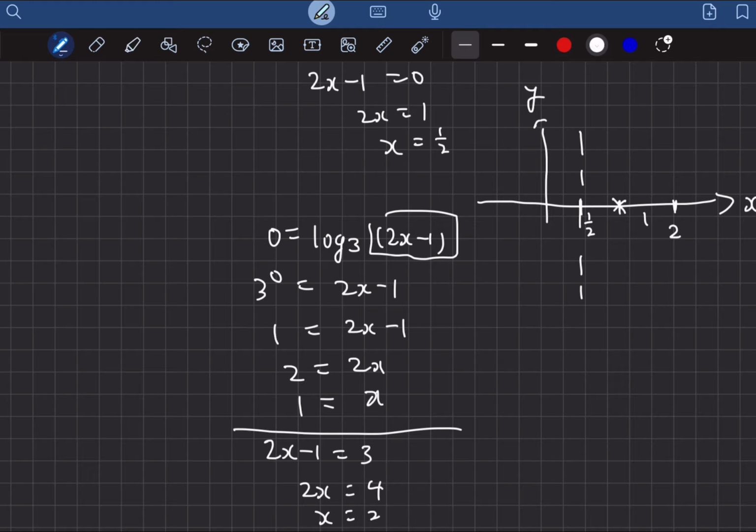I'll get a point here. So how to sketch? It will be in this manner, the log graph. So this will be my y equals log base 3 of 2x minus 1. Okay?